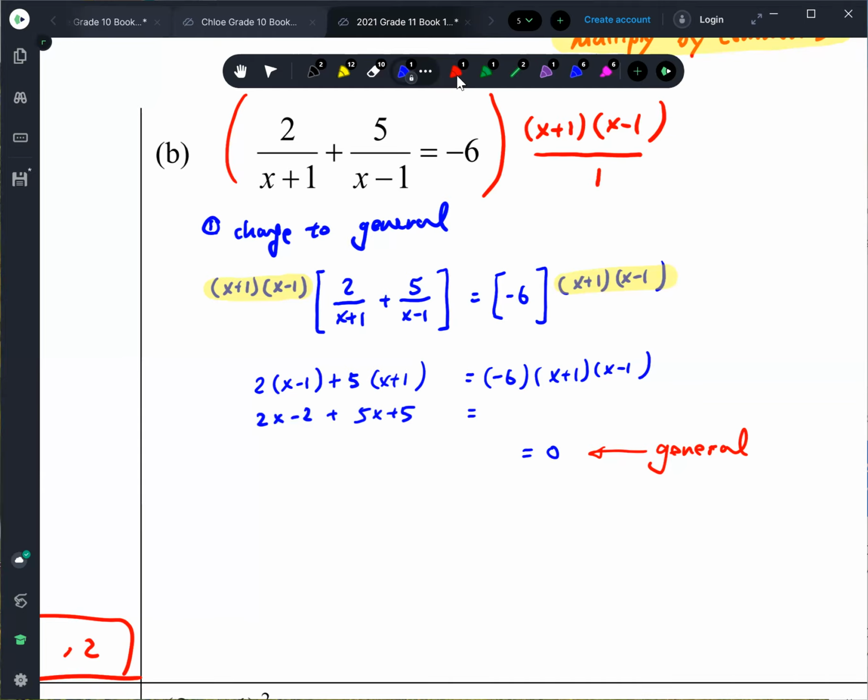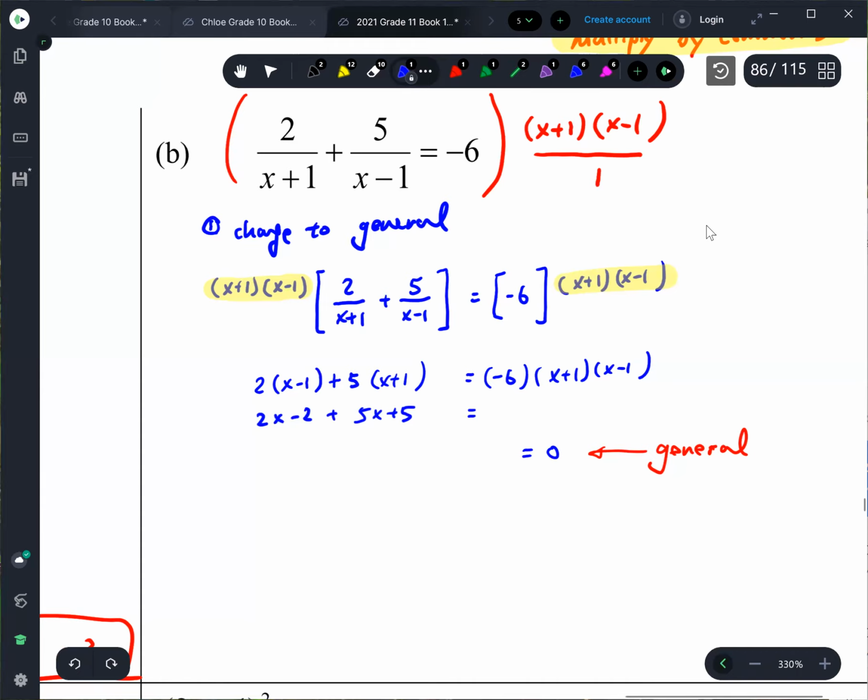Just the right side. Okay, can you turn your mic on, Naomi? Is it negative 6x squared plus 6? Can you say one more time? Negative 6x squared plus 6. Plus 6, yep. Okay, very good.